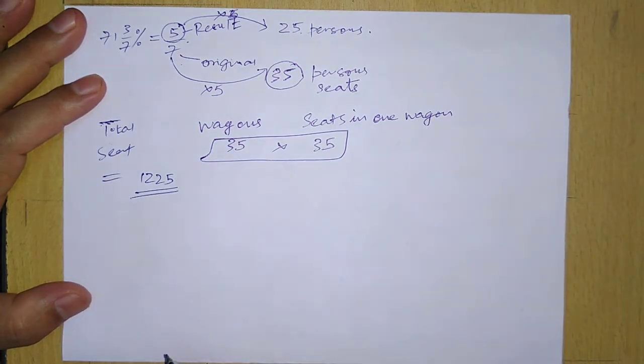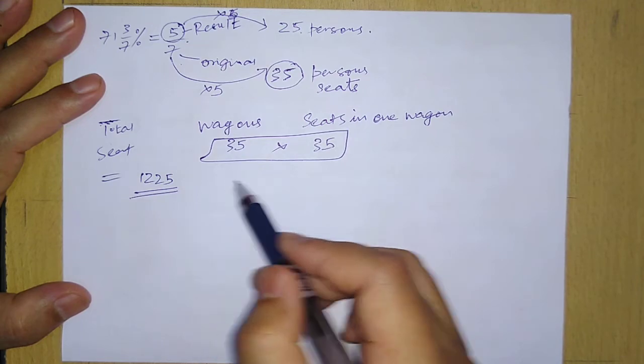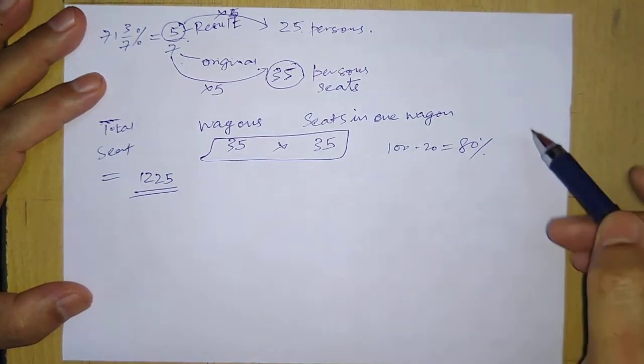Now what we need to find out: the maximum number of passengers that can be accommodated if it has minimum 20% seats always vacant. So 20% seats always vacant. So how much will be filled? 80%. 100 minus 20, 80% is always filled.